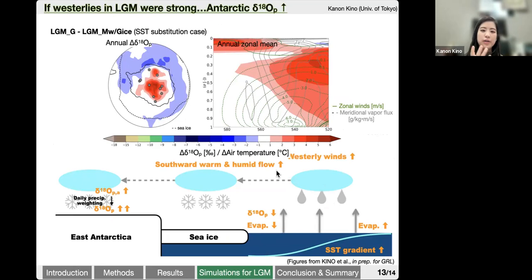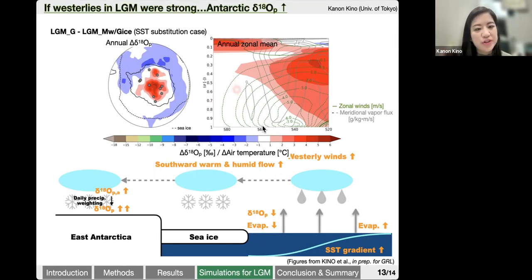This is because of increased atmospheric baroclinicity and storm track activity. It also increased the southward warm and humid airflow. And this steeper SST gradient also increased the evaporation in low latitudes and decreased evaporation in high latitudes.